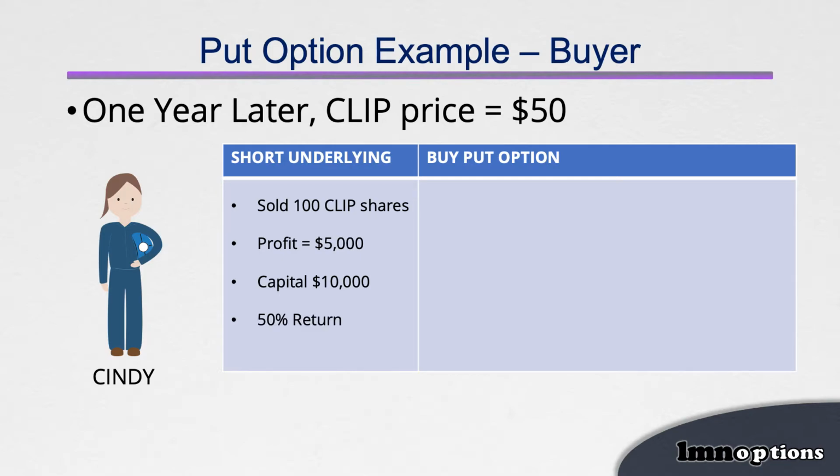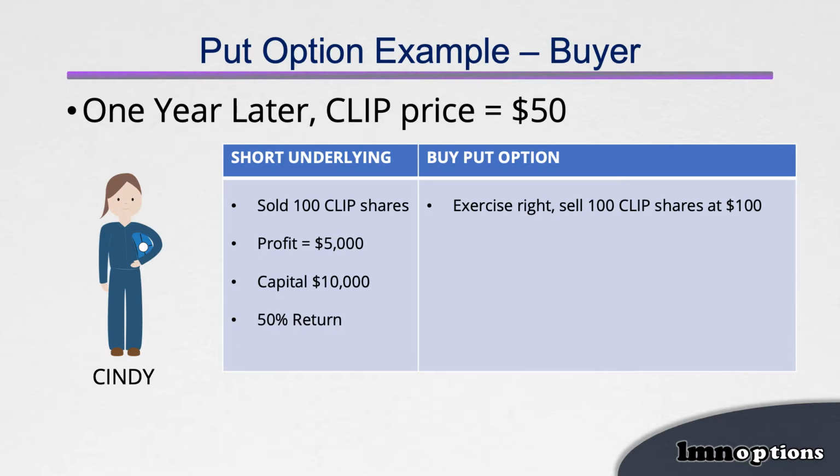However, this is only a theoretical scenario, as short selling often involves a variety of other costs and commissions, which we will not be covering in this theoretical example. What happens if Cindy had bought the put option instead? As the market price of the underlying today is at $50, Cindy can exercise her right to sell the shares at $100.